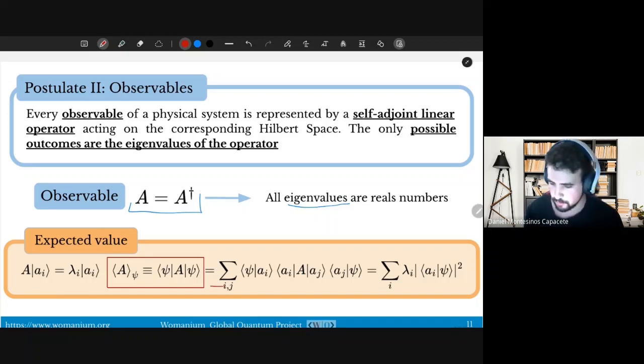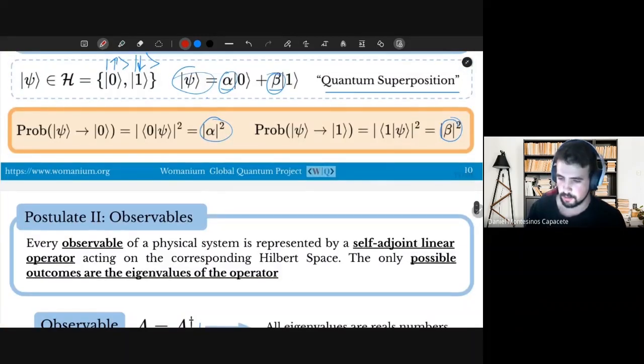Here I have done a little calculation in order to properly understand that this is going to be the probability, right? Remember, this is just this.